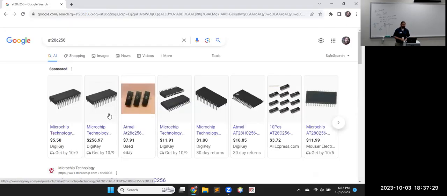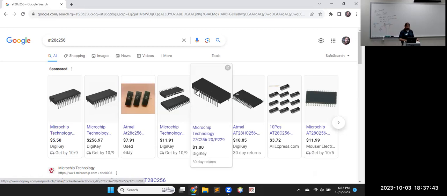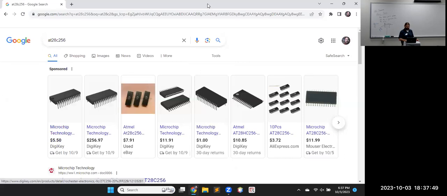So this is a ROM chip, but it's the same thing. This particular one has the pins going down each side. We have so many pins down this side, and the same number up the other side, so they're kind of symmetric.